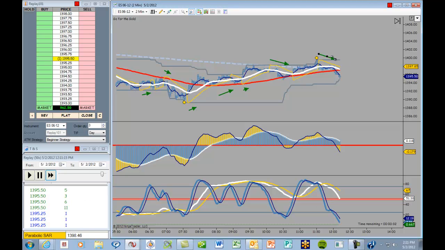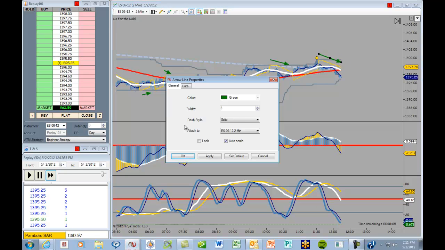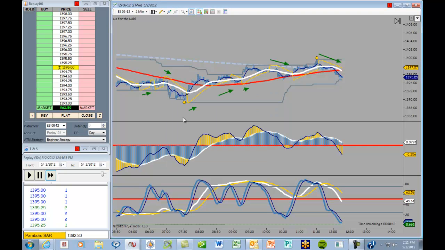Okay. Hit both targets. Now, this could be wave 1, and now we're going for wave 2.